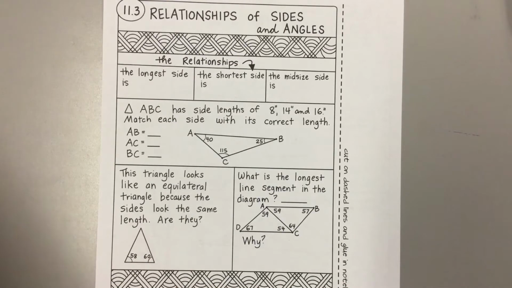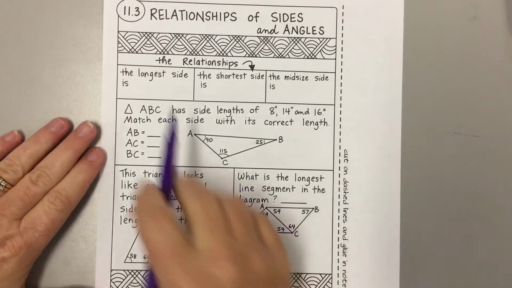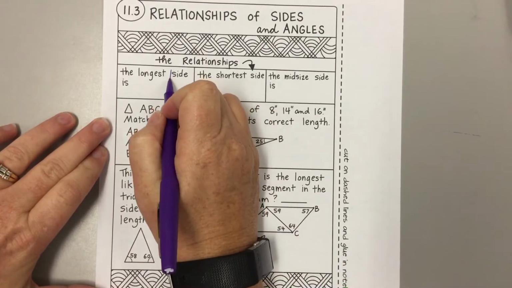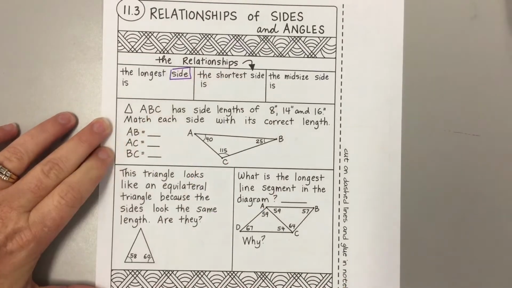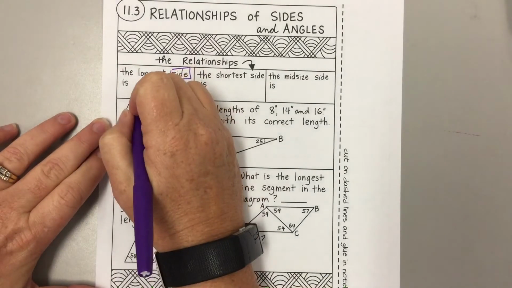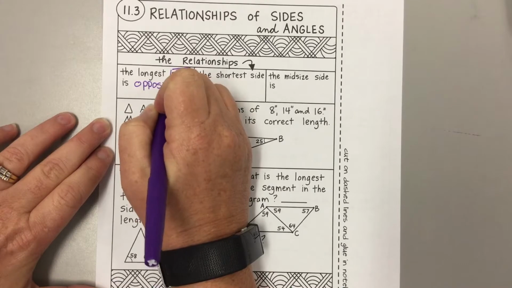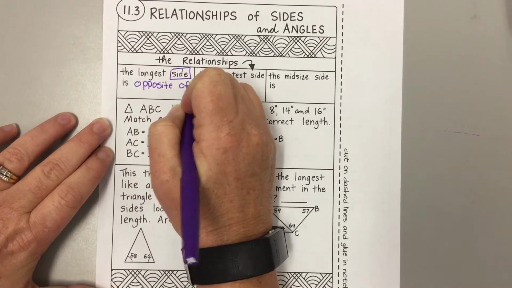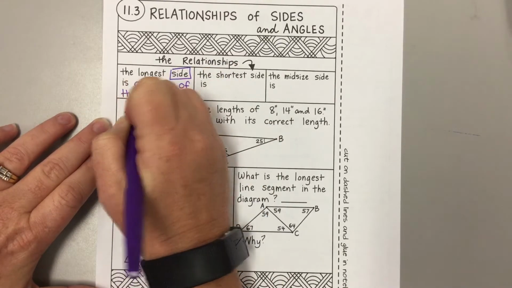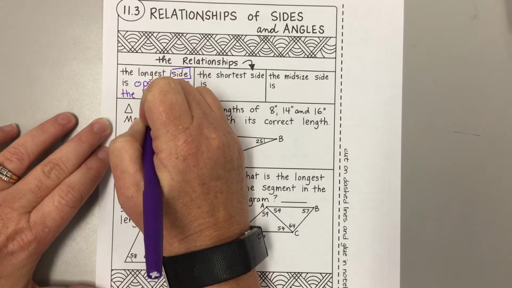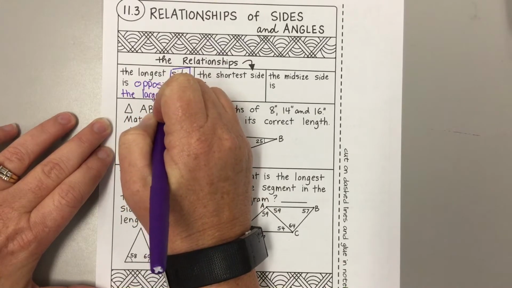All right, so the relationship states this: the longest side is opposite of the largest angle.